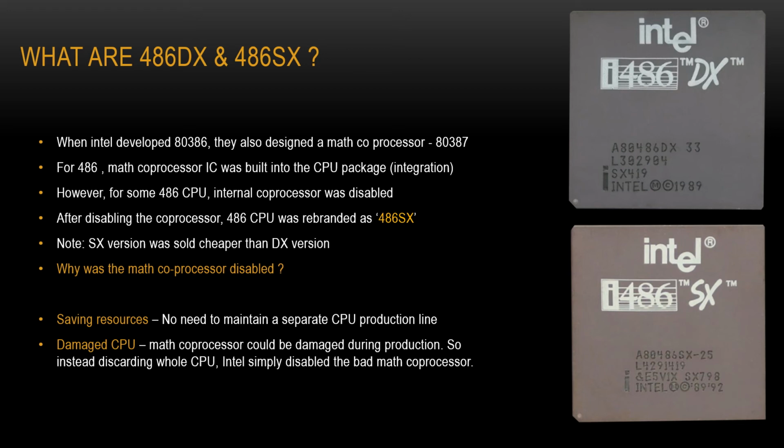Second reason, it was found that math coprocessor inside some 486 CPU was damaged during production. So instead of discarding the whole CPU, Intel simply disabled the bad math coprocessor from that damaged CPU and rebranded it as i486SX. You can see the photo in this slide.